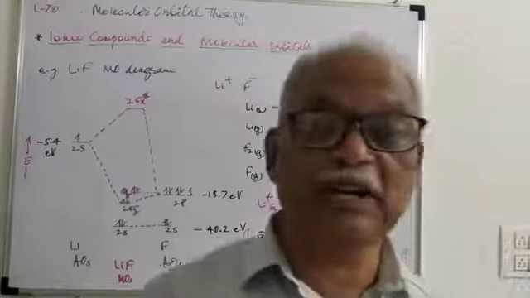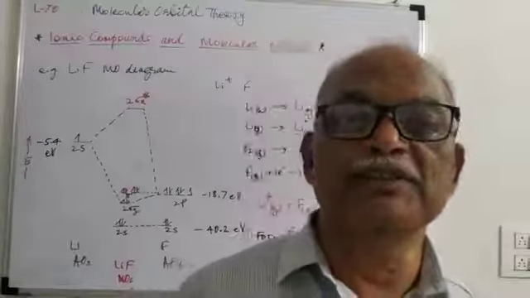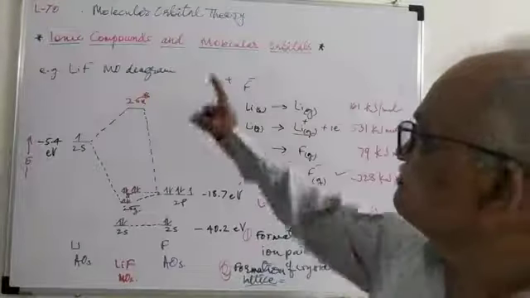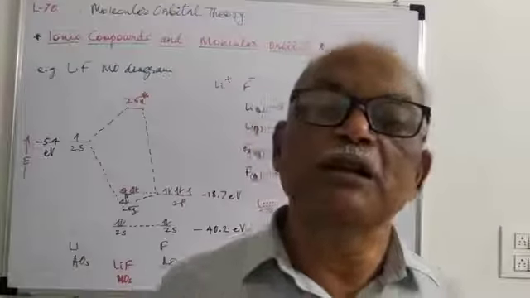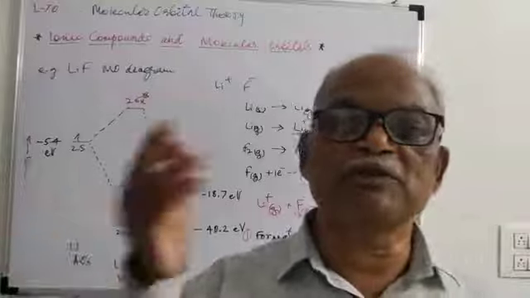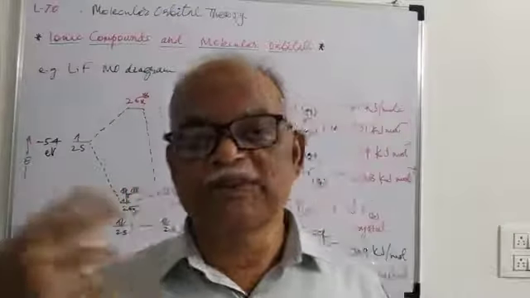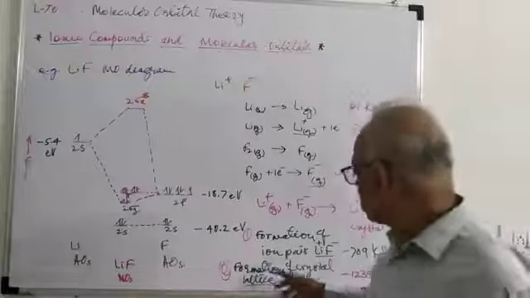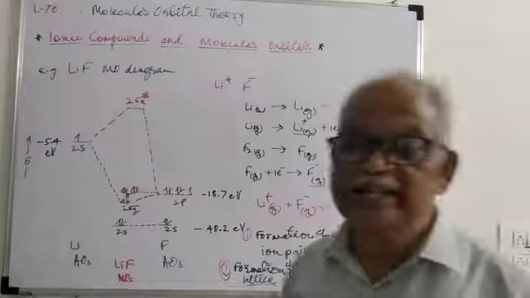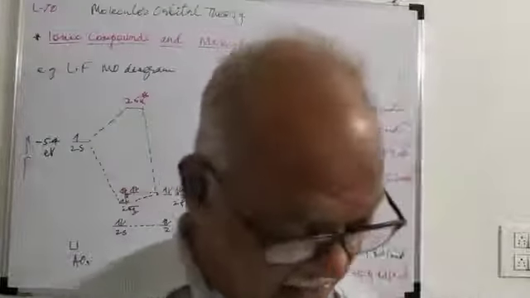So with this we have completed this point, that is ionic compounds. It explains what factors are responsible for favoring the spontaneous process of formation of the lithium fluoride crystal lattice.